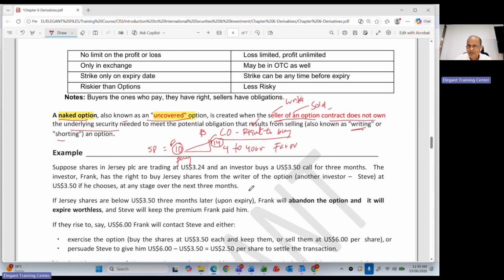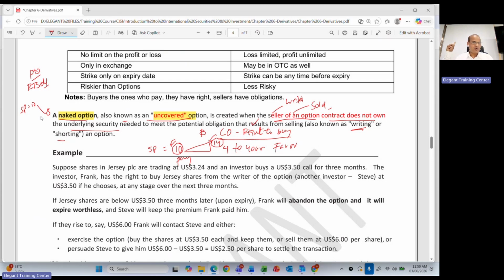If you have bought a put option, suppose you have bought a put option, meaning the right to sell. The strike price, let's say, is 10. Now the price went to 8. What will you say? Hey, I want to sell. And the poor fellow who sold you this put option, you have given him money, premium.